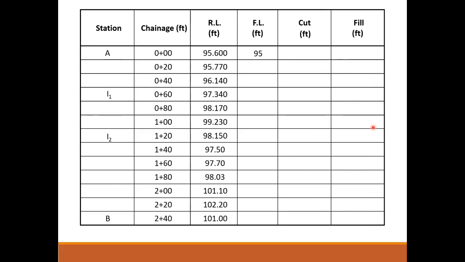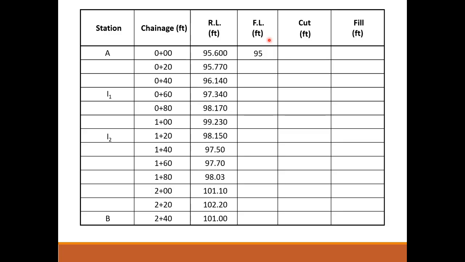Coming to the next slide, up to this we have calculated the reduced levels by using the rise and fall method. Now it's time to calculate cut and fill quantities using reduced levels. So how do we proceed? This is the column of formation line.